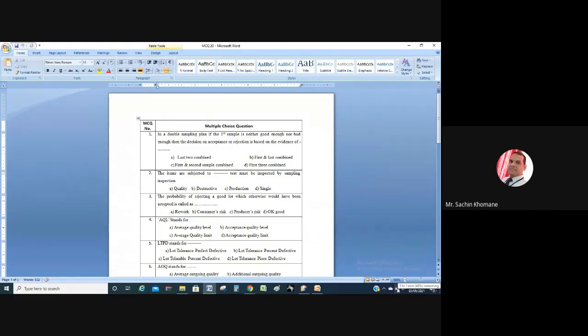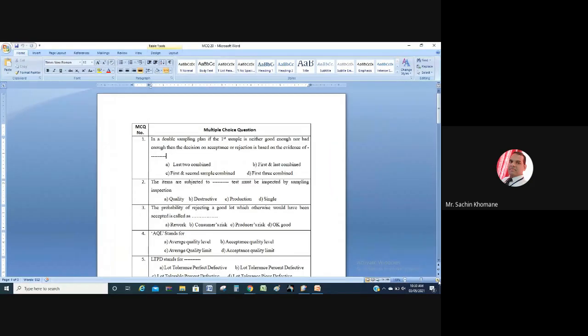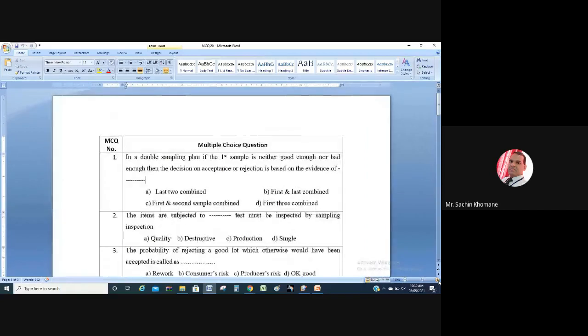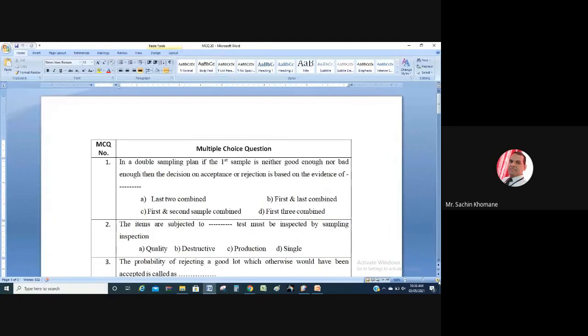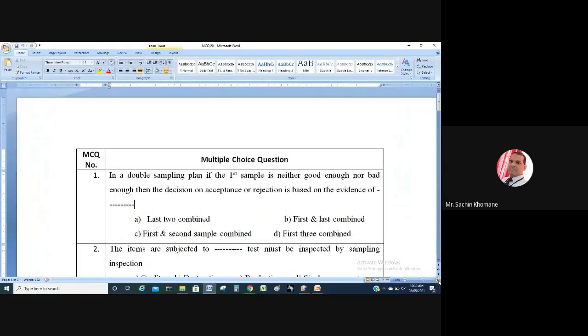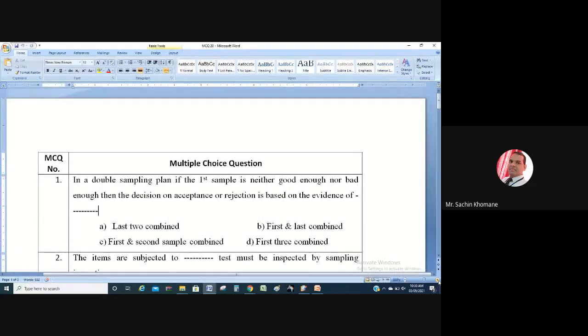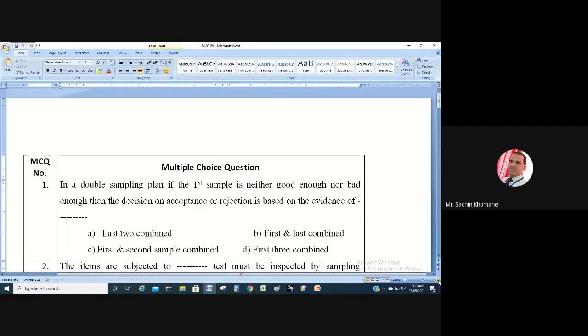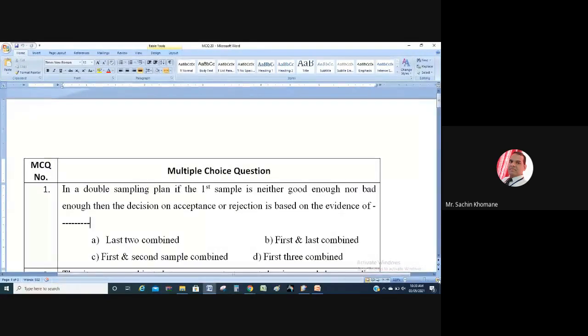These MCQs are important. Let me zoom in and let us discuss one by one. I expect responses from you people. Those who were listening to the lectures regularly can easily answer such simple questions. Very simple questions are there. Let me zoom in so that you can see clearly on your screen.